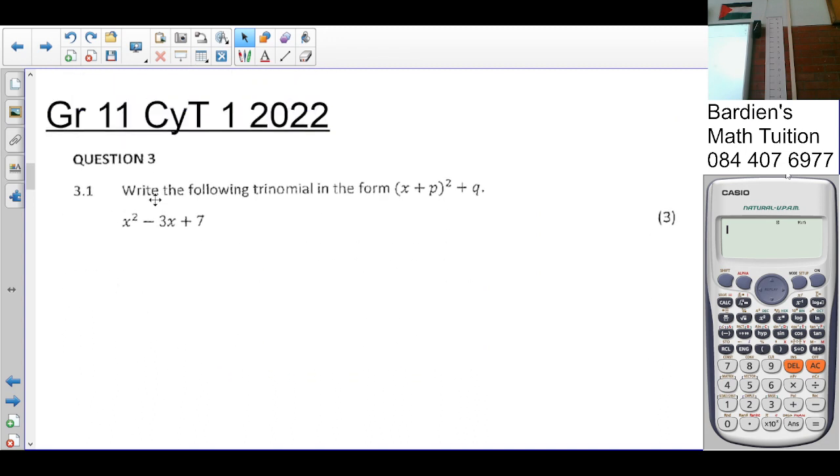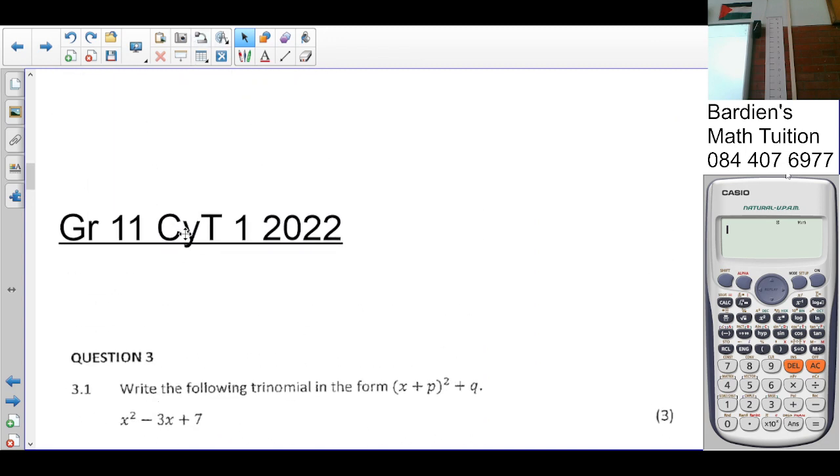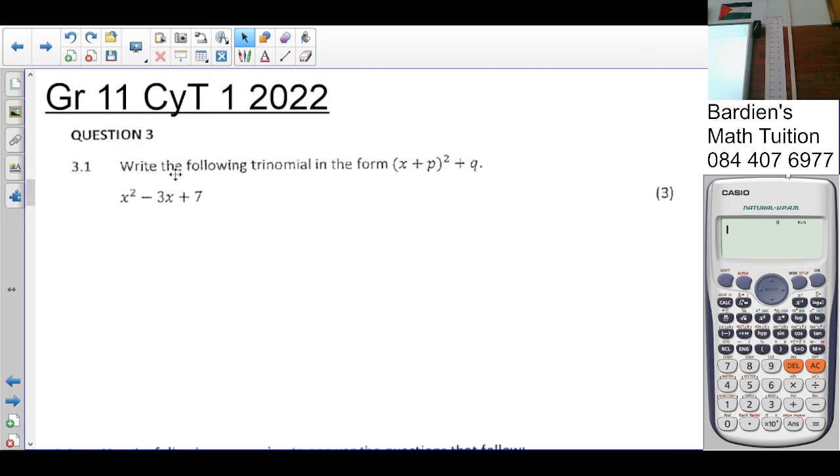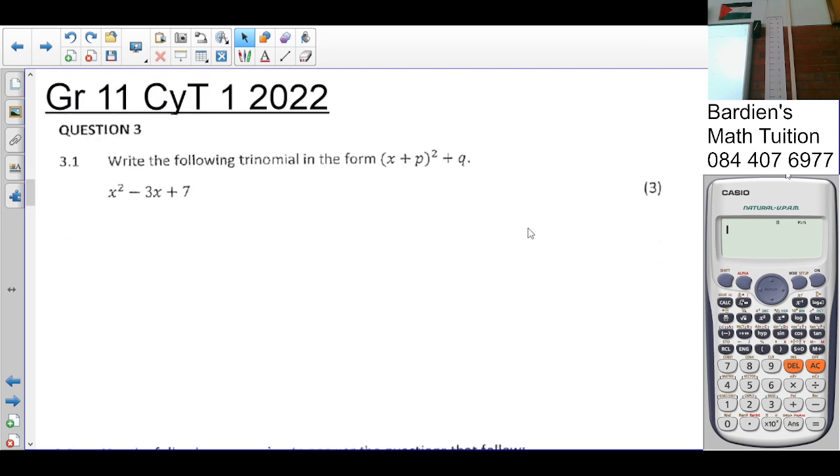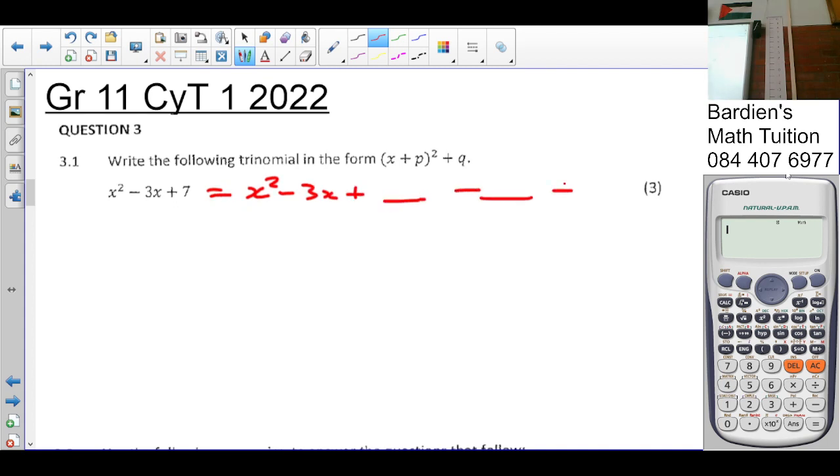Question 3. Write the following trinomial in the form a times x plus p, whole squared, plus q. So that will simply give us x squared minus 3x. We need to complete the square. We add a number and subtract the same number. What's the number in this case?